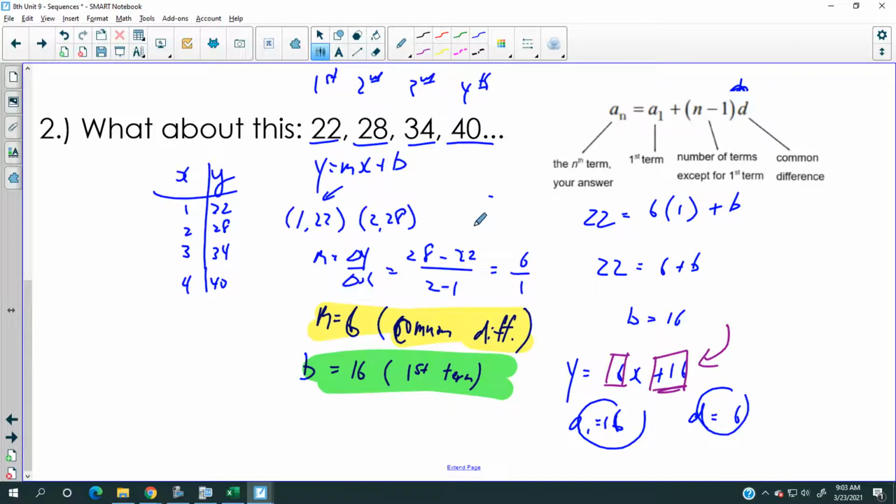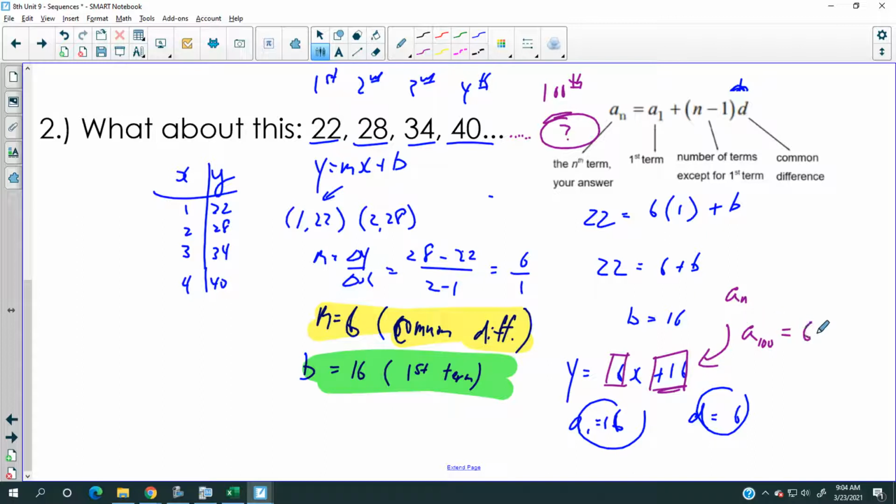And again, with these slightly bigger numbers, if I were to ask you, hey, what's the 100th term? All the way down the line. What is the 100th term? You could literally just put this in. You could say y equals, or a sub n, or a of the 100th term is equal to, I'm literally just translating from y to this language, okay?